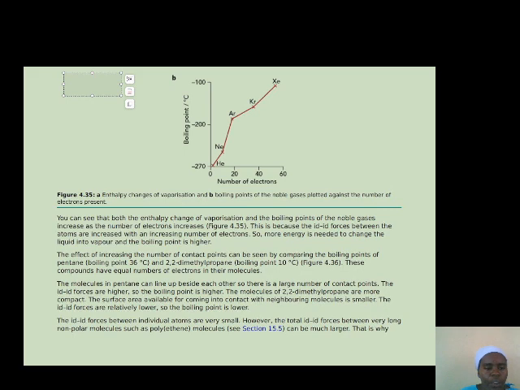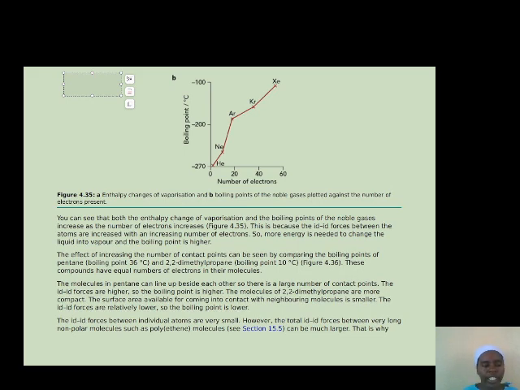Also, the more contact points there are between molecules, the higher the boiling point, as a result of an increase in those temporary forces of attraction. For example, the boiling point of pentane is 36 degrees Celsius, while the boiling point of 2,2-dimethylpropane is 10 degrees Celsius.